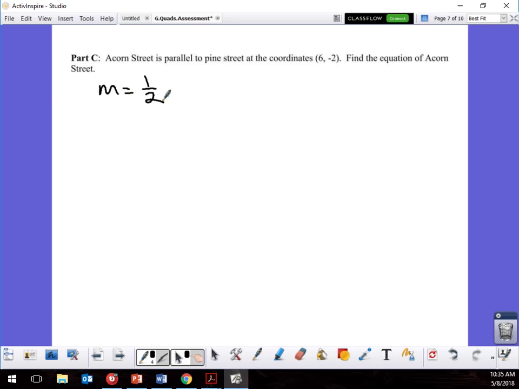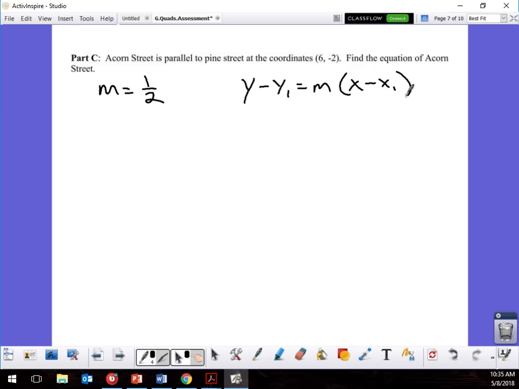And the equation of this. We did this back in first semester for a very short time. My formula is y minus y1 equals m quantity x minus x1, where this is my y value here, this is my x value there, and my slope goes there.